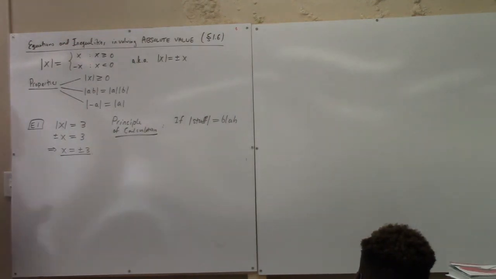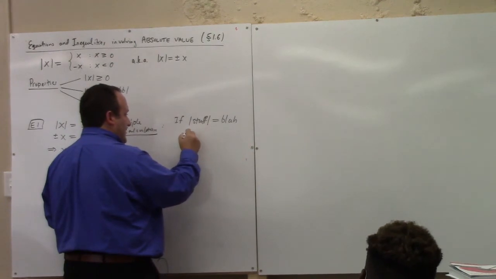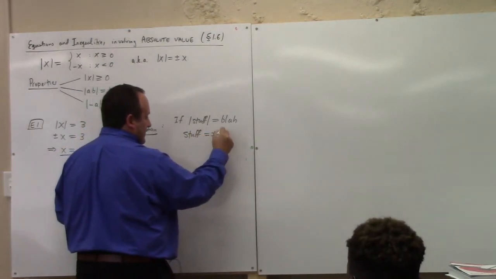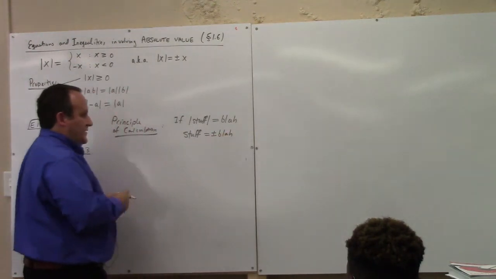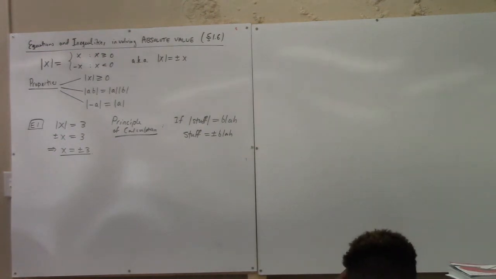Well, you can look at that as stuff equals plus or minus blah, and you can solve that. Or you could put the plus or minus on the other side. You got choices. You could put plus or minus either on the right or the left. It's logically the same.